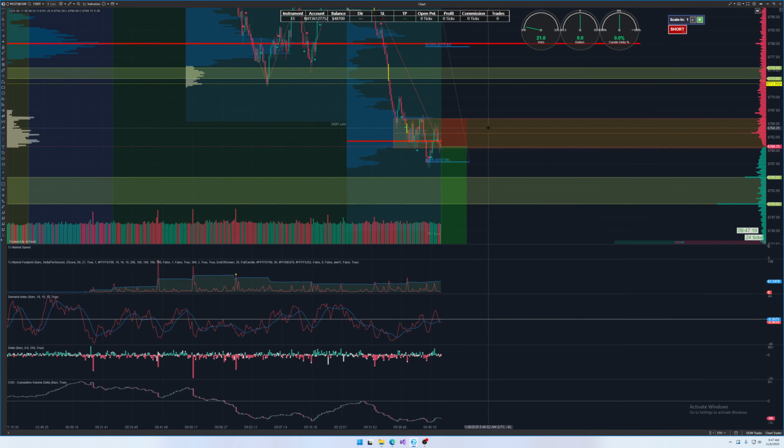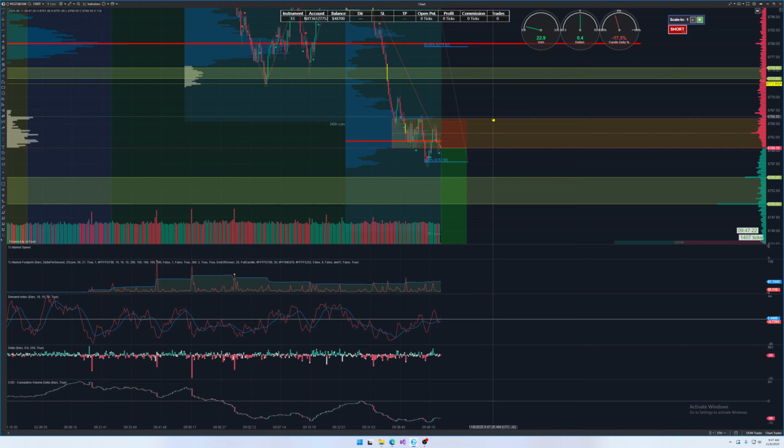And it only went back until the middle of it. So what I would trade is if the market goes out here, gets rejected here, then I would trade right here into the middle. Just about 10 ticks, but it's 10 ticks in the US market. It's $100.